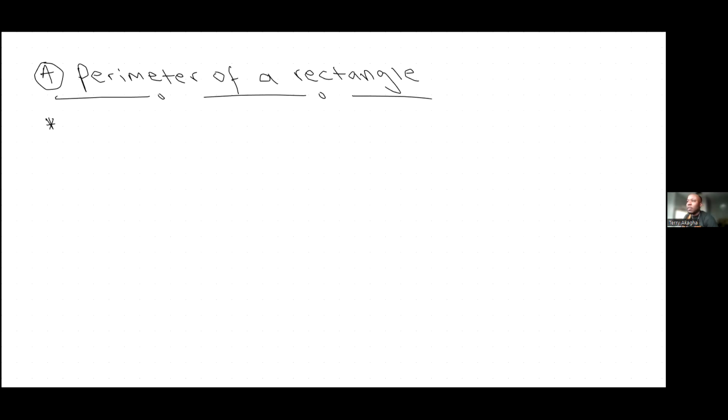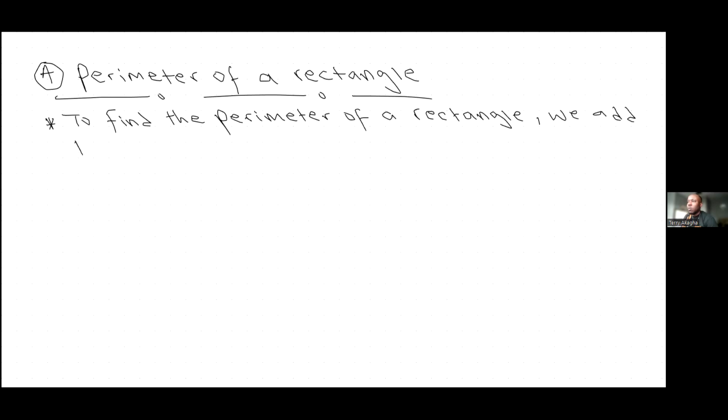To find the perimeter of a rectangle, we add the lengths of all four sides.